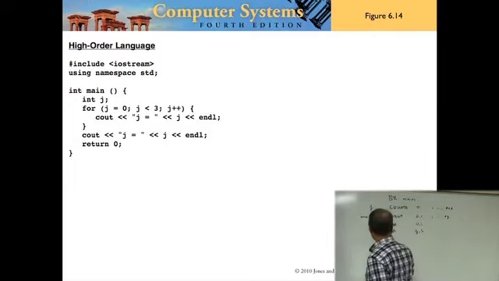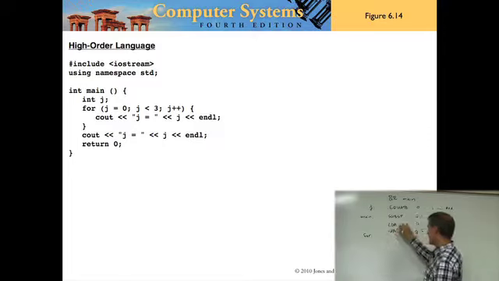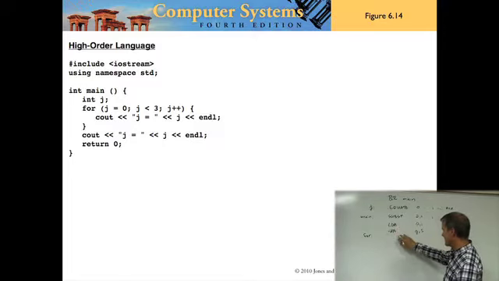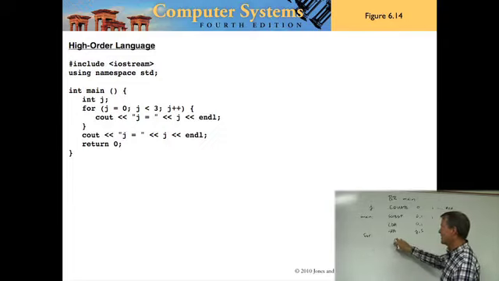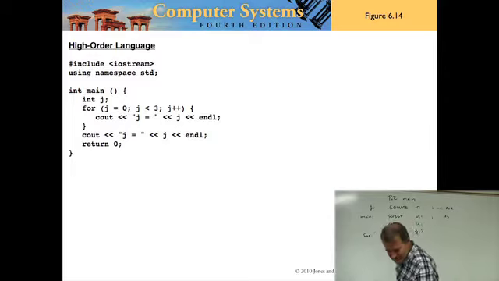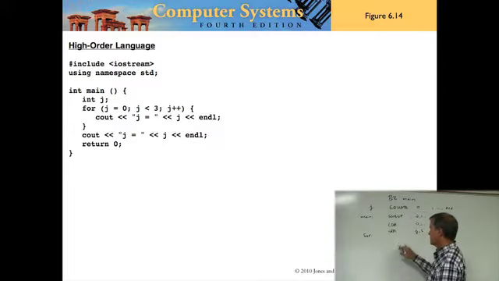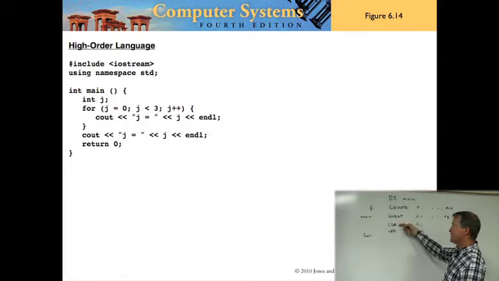Let's put a label, for test, because this is the for test. Now, what is the test? The test is J is less than 3. So you want to compare. Now, should we optimize or not?